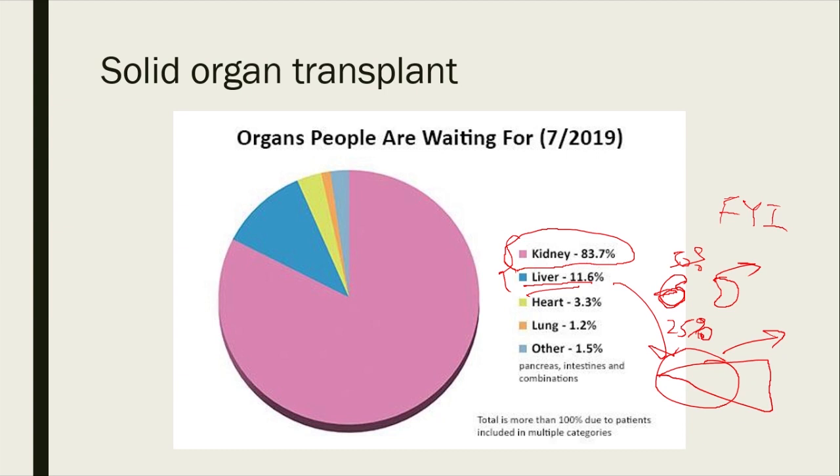On the other hand, here we have heart and lung. Those waiting lists are not as long, and really the organs come from deceased people. No one can live without a heart, and no one can live without a lung. So someone must have passed away to be able to donate these organs.